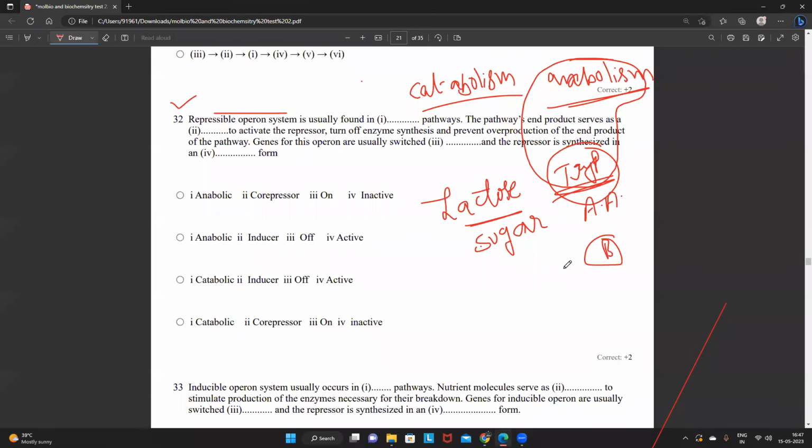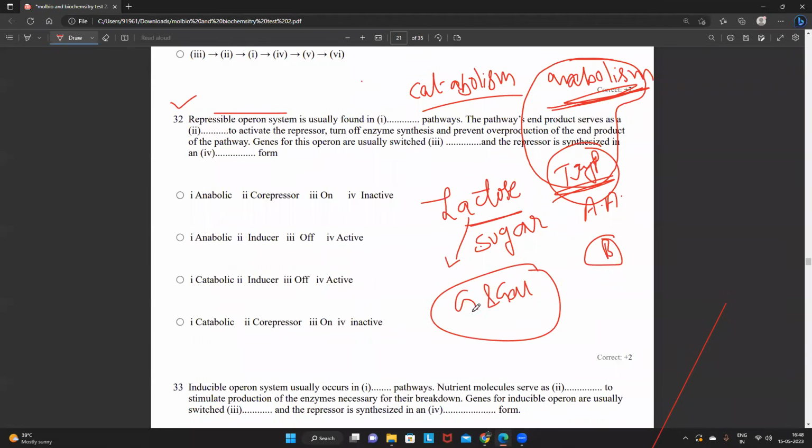In my body, I have to synthesize the amino acid continuously. Every single time I have to synthesize it. So it will become what operon? Anabolic operon, because I'm synthesizing. Lactose, if I am a bacteria and I want to use the lactose, what should I do? I want to break down the lactose into glucose and galactose.